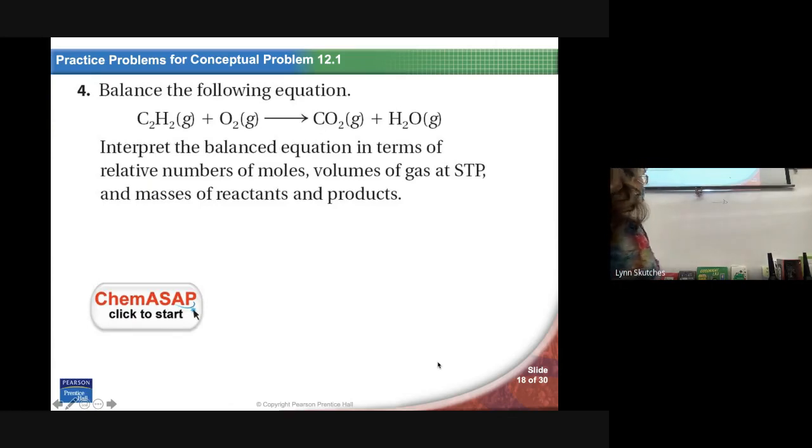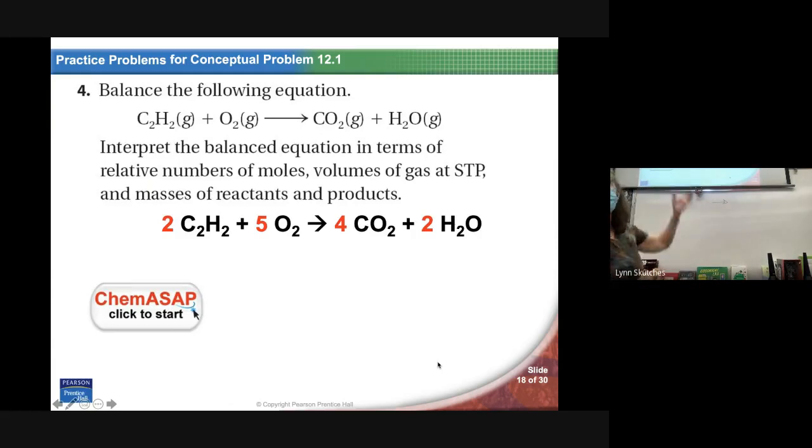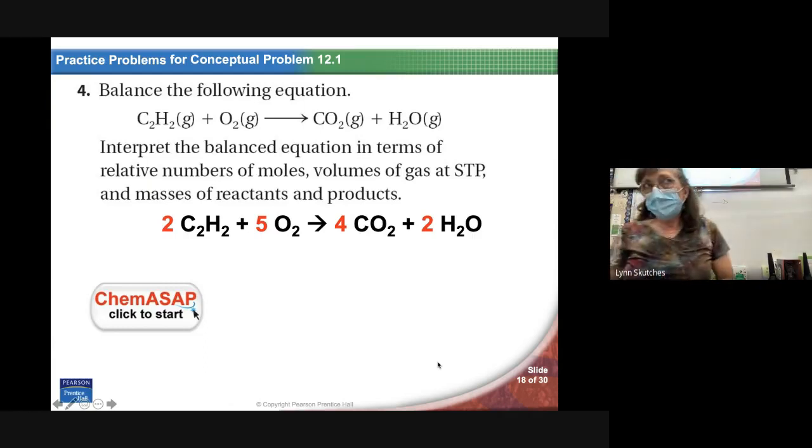You'd have to throw some coefficients around, and you have to go back and forth a little bit, and that's fine. But the balanced equation looks like this. So this is ethyne, which people call acetylene. Properly named in proper chemistry terms, it's ethyne. Just carbon and hydrogen with a triple bond.